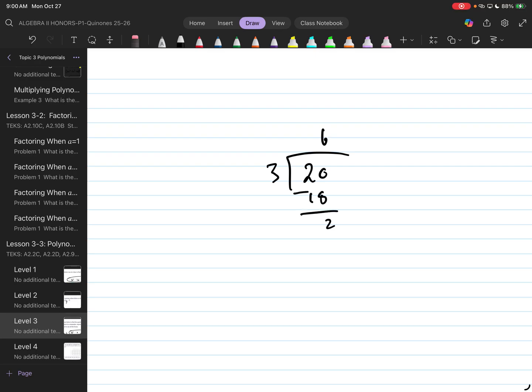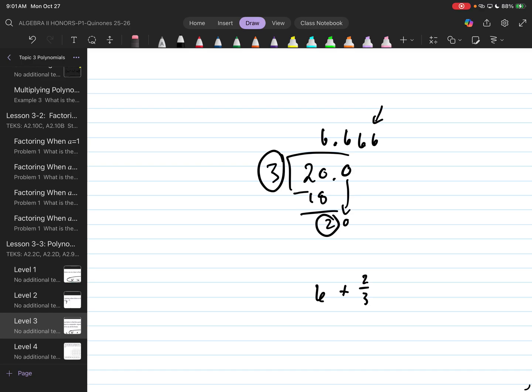So then this doesn't work, so we have to bring in a 0 and bring it down, and we end up with this pattern, right? What is that really? 6 plus 0.6 is 2/3. 2, the remainder, divided by 3. That is the conceptual from elementary to polynomial division.